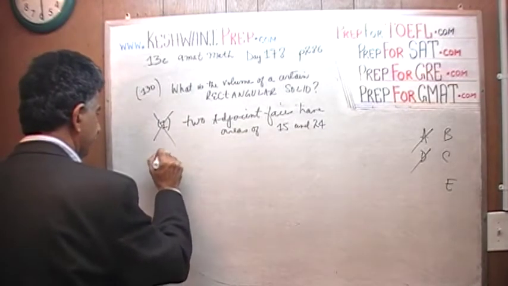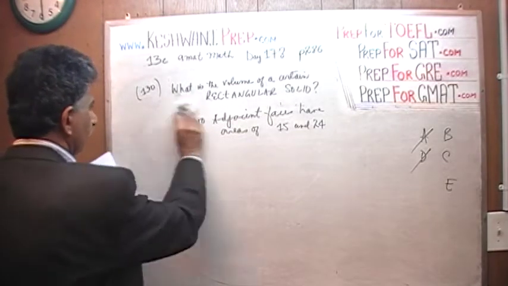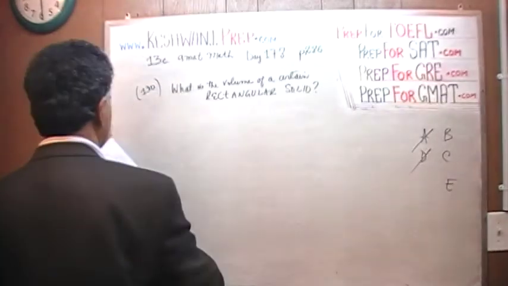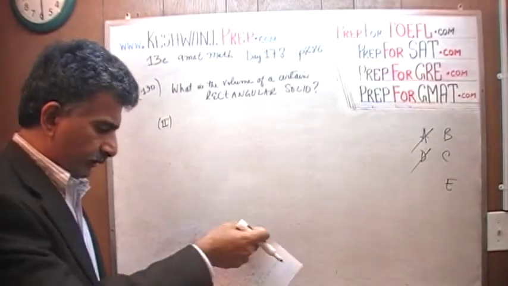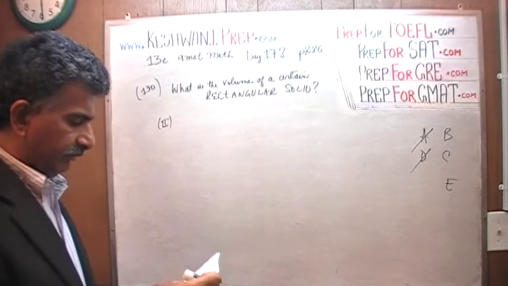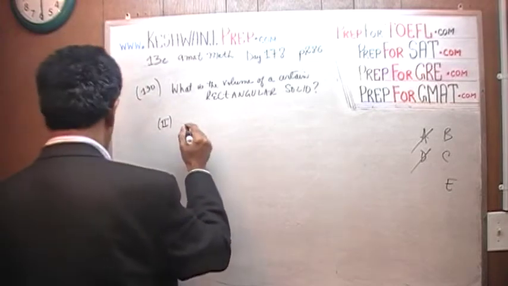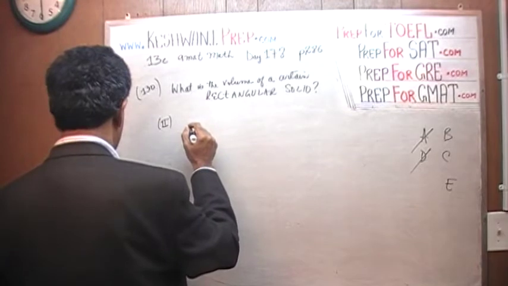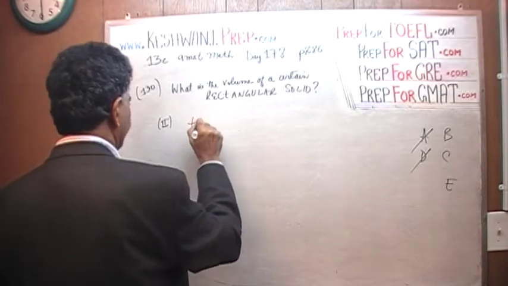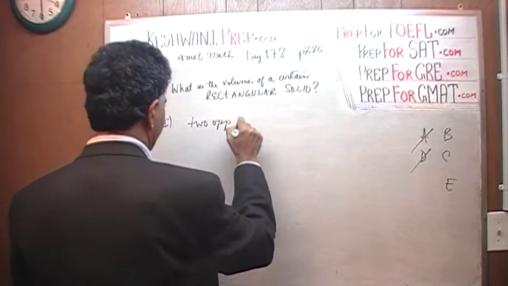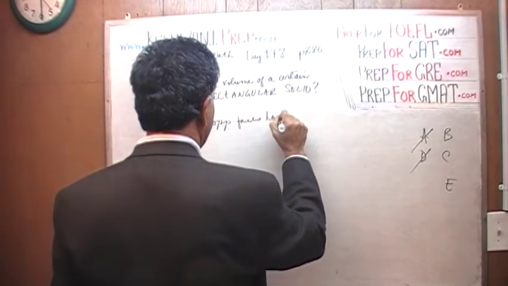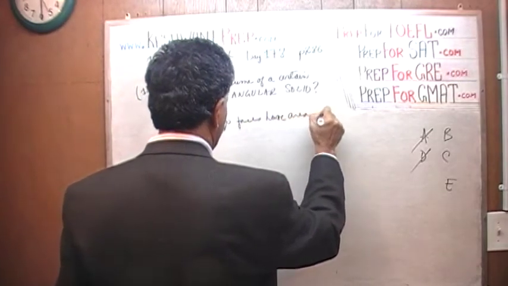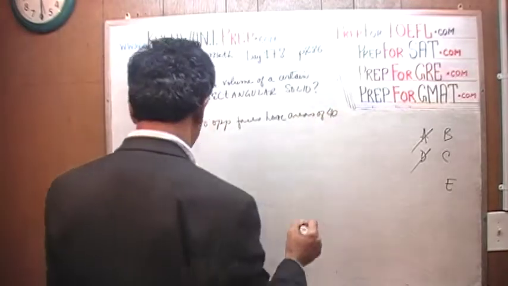In the second statement they tell us that two opposite faces have areas of 40.